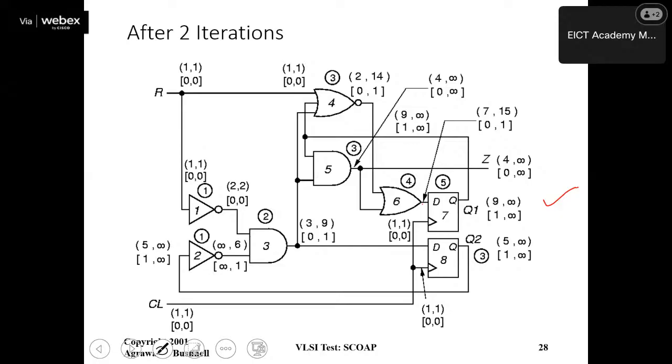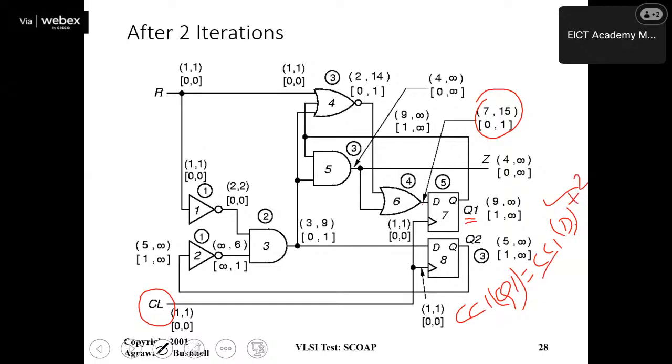So how will we calculate Q1? The same formula. For Q1, CC1 we want to calculate. All the values of D are available, all the values of CL are available, so CC1 of Q I can calculate. That is CC1 of D plus CC1 and CC0 of clock, that is 1 plus 1, 2.